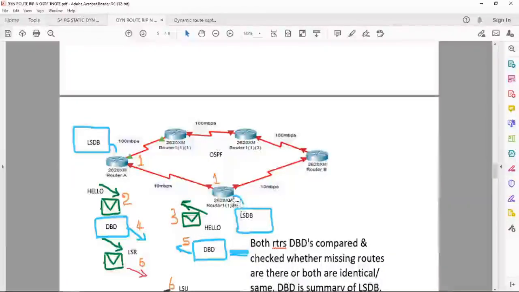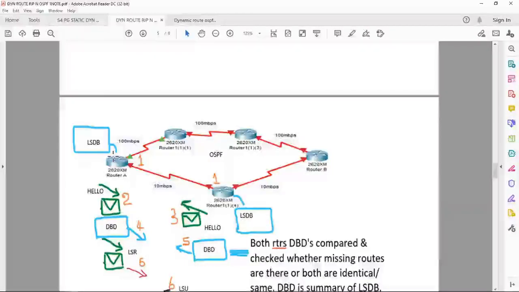Router 1 has the routes in its table regarding its known networks, these 2 networks, and router 2 also has its known routes, like this one and this one. So you can consider the LSDB as a kind of route table. The known networks are there.